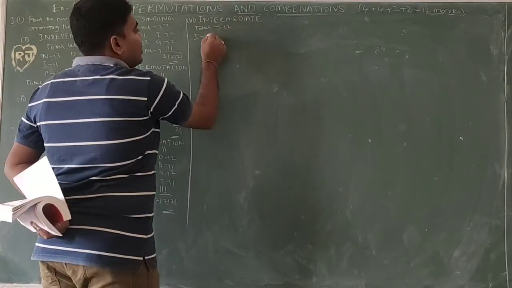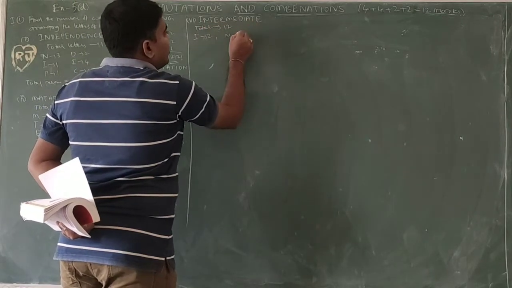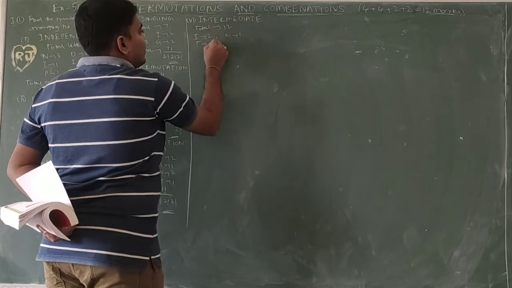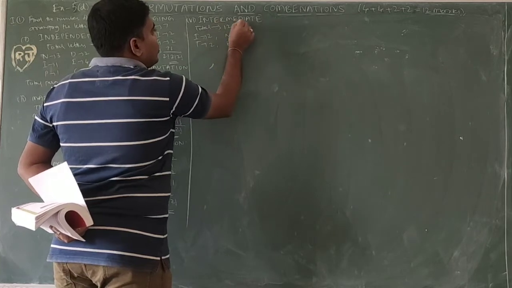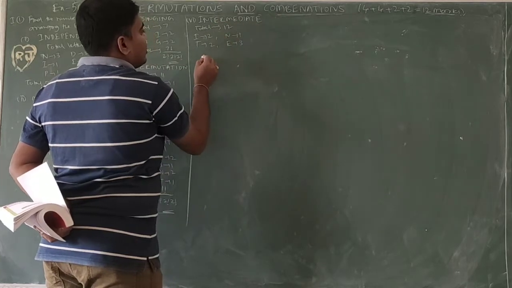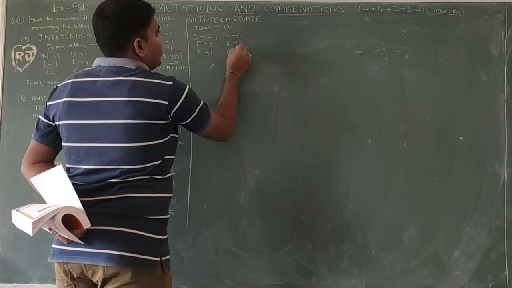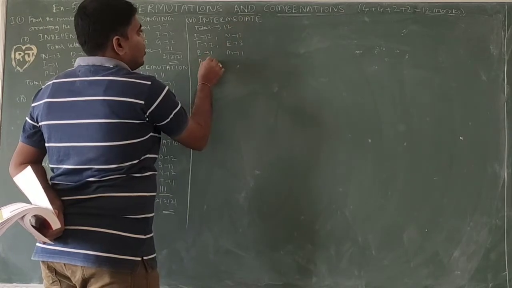I 2 times, N only once, T 2 times, next E 1, 2, 3, 3 times. R only once. M only once. E already completed. D only once.